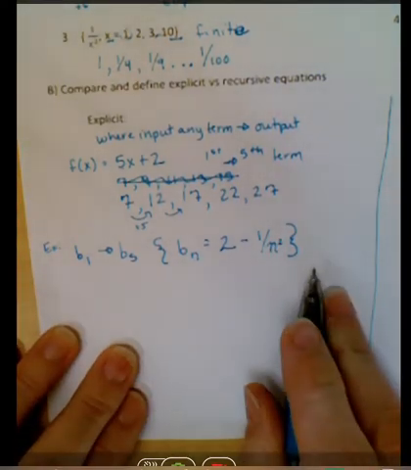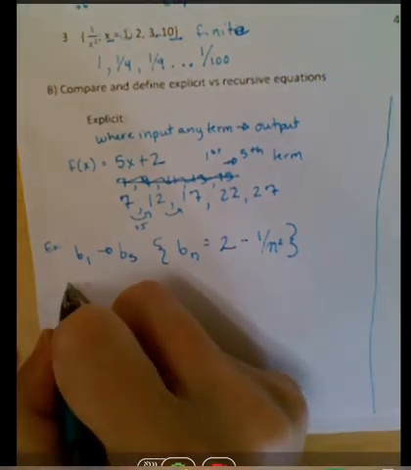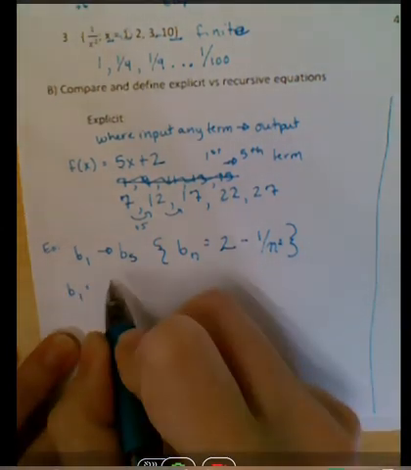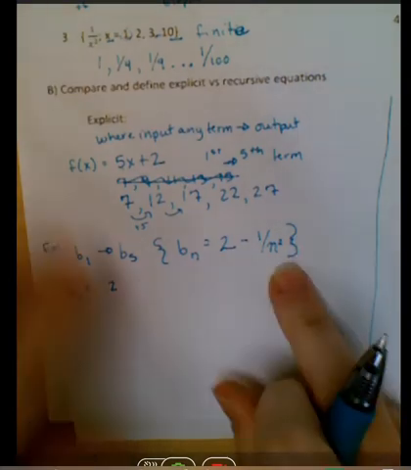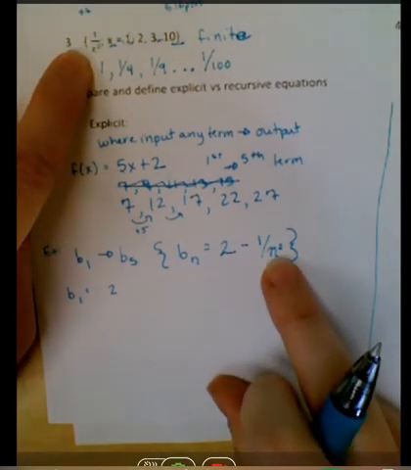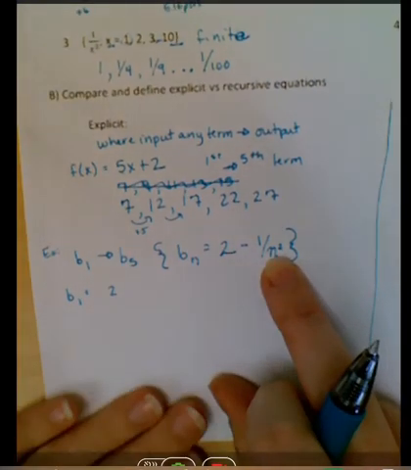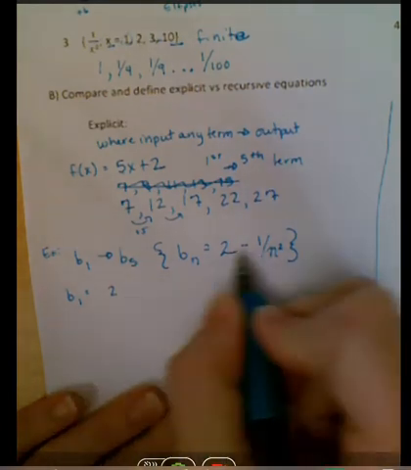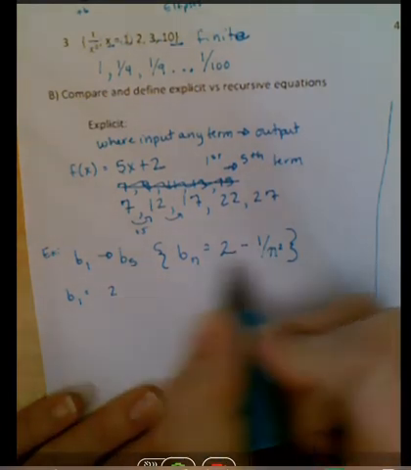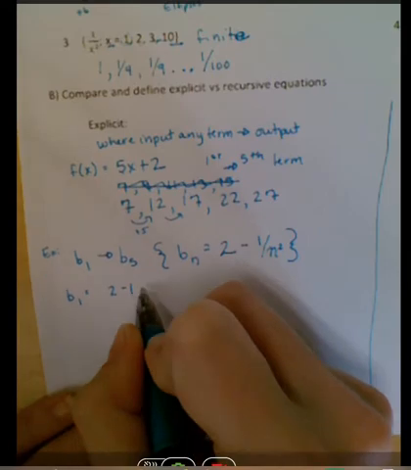So I can look at this and say that b sub 1 is going to be 2 minus, well look, this is very similar to the one we did up here. How convenient that that's already done for a few of them. 1 over 1 squared is just 1.